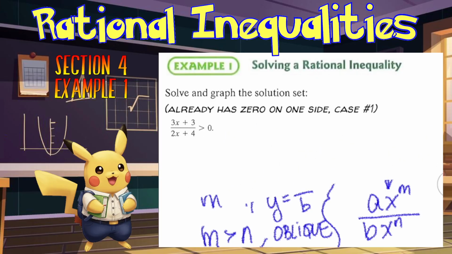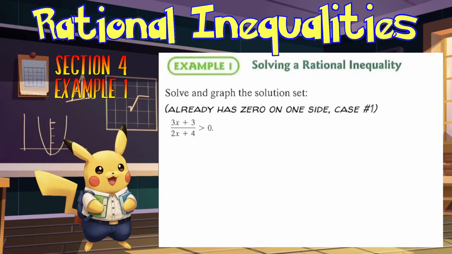So similar to the polynomial section, we're going to figure out when this is greater than 0 by basically sketching a light graph of this. So if I go ahead and get started, my x-intercept, I will only have 1 since the numerator is linear. I'm setting 3x plus 3 equal to 0.